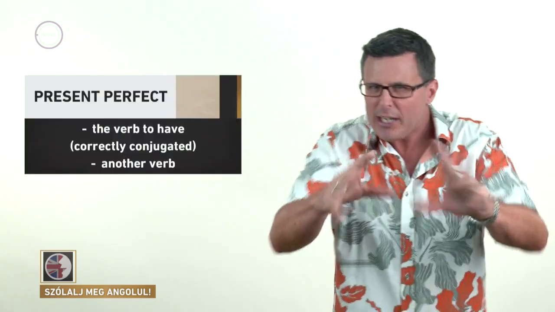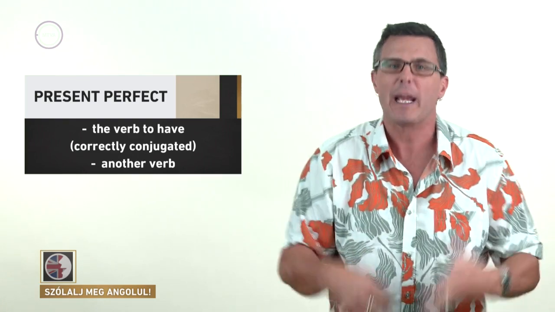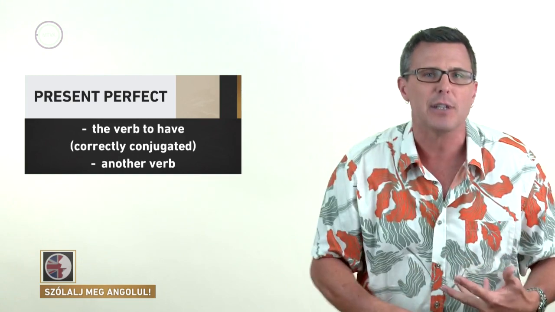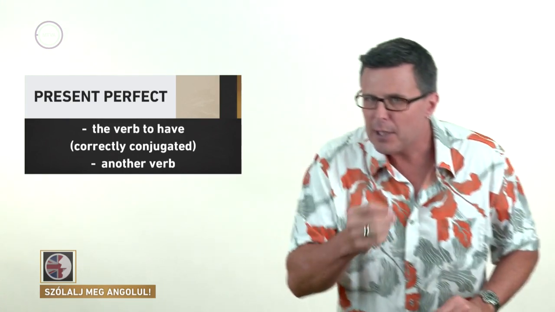So, we know how to make the present perfect, don't we? Yes, of course we do. We know that to make the present perfect, we have to use the verb to have correctly conjugated and another verb. The verb to have correctly conjugated means that we're either using have or has. If the subject of the sentence is the first person singular, the second person singular, or any of the plural subject forms, then we use have.